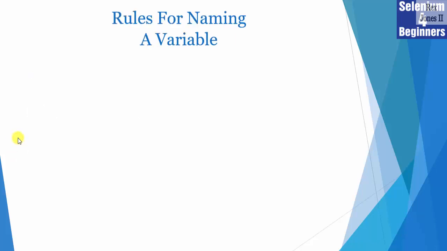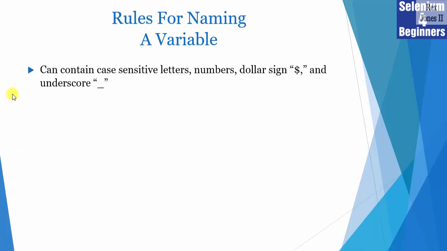Java has a few rules for naming a variable. It can contain case-sensitive letters, numbers, $, and underscore. This rule is important because the variables are case sensitive.